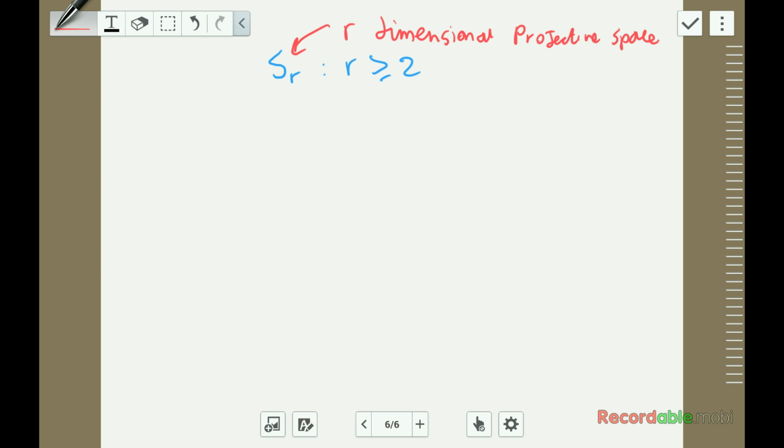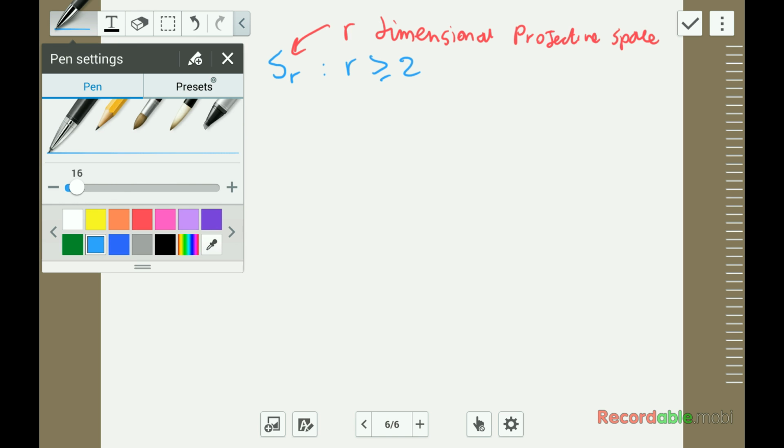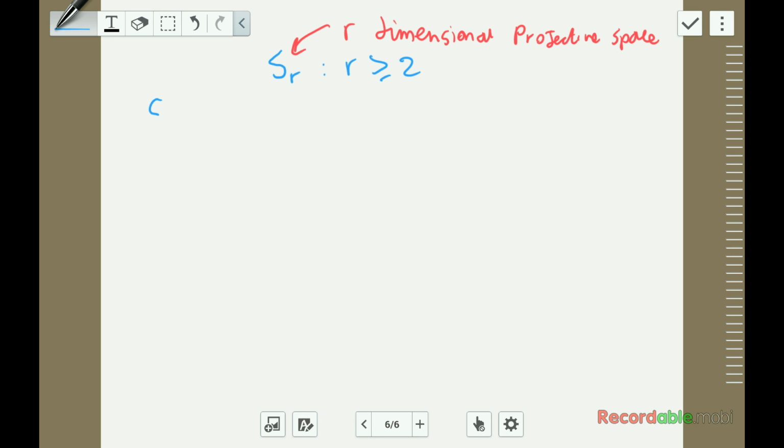So how should we think of S_r? Well, we can think of S_r as a set of points, and S_r contains various subsets. A subset is just a set inside a set. And these subsets are called subspaces.